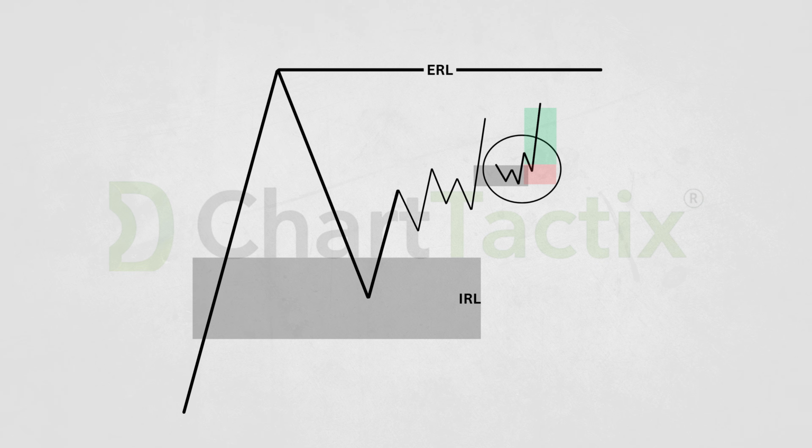This approach allows you to participate in the expansion toward higher time frame external range liquidity without being dependent on one single entry location. It prevents you from watching complete cycles unfold without you and instead teaches you how to operate within the continuation structure of the market.